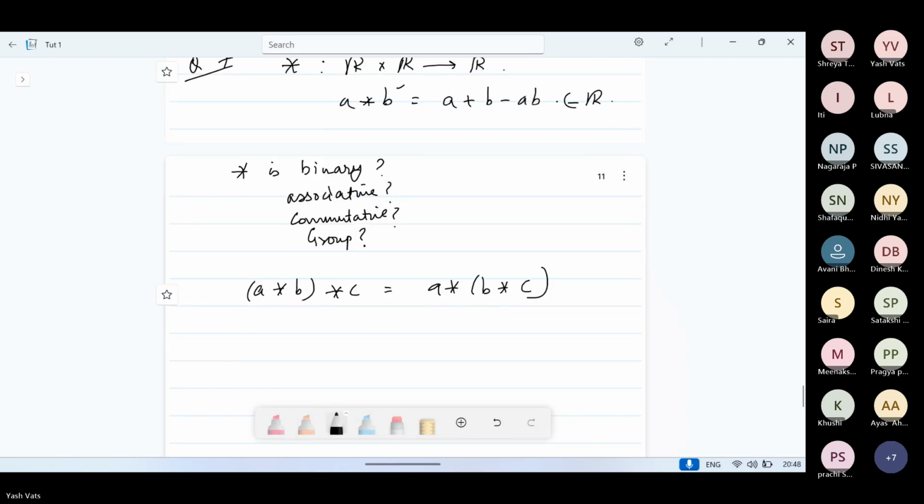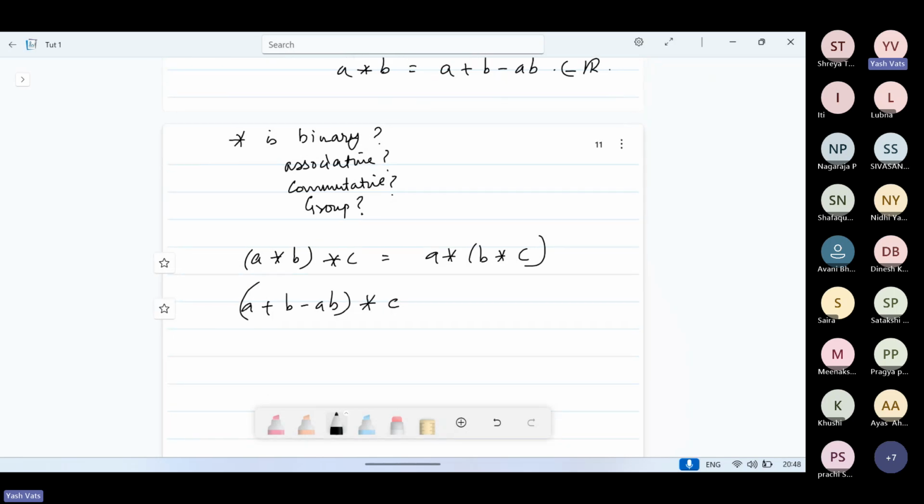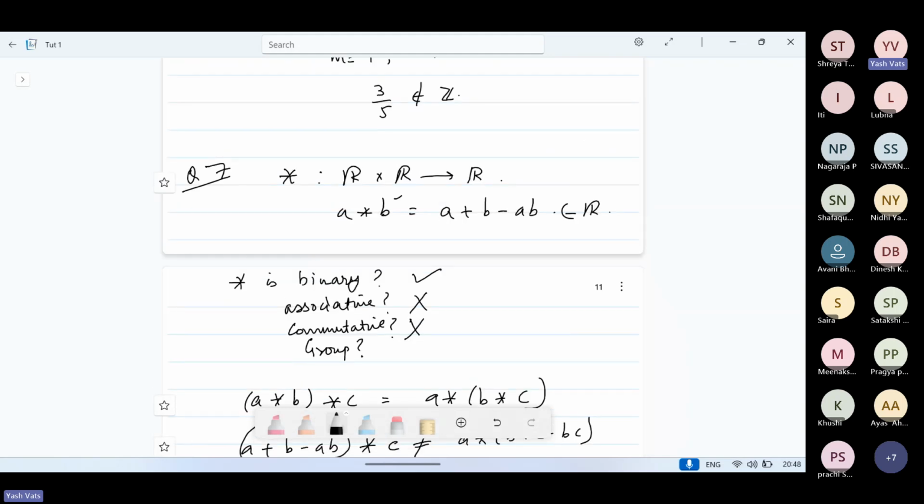Here A star B is A plus B minus AB, star C. You check this against A star (B plus C minus BC). And for the group, you need to check the associativity, commutativity.